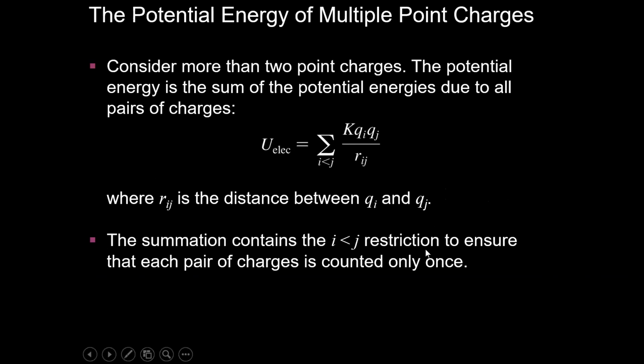If we have more than two point charges, then we add their potential energies pairwise. It's always the case that more than two charges have potential energy pairwise, but you have to add them. So if you have, for instance, three charges, the total potential energy of that system would be the potential energy between 1 and 2, plus the potential energy between 1 and 3, plus the potential energy between 2 and 3.